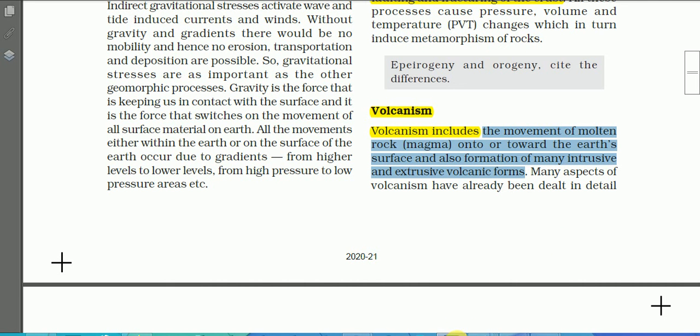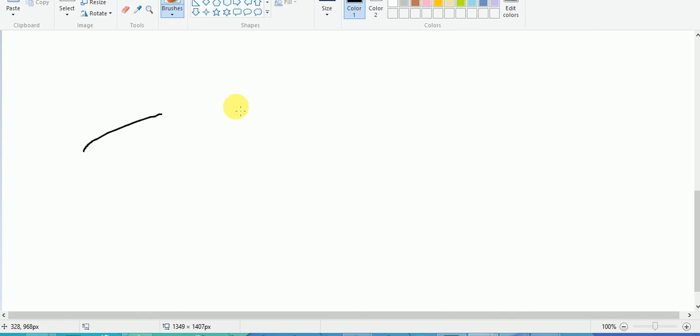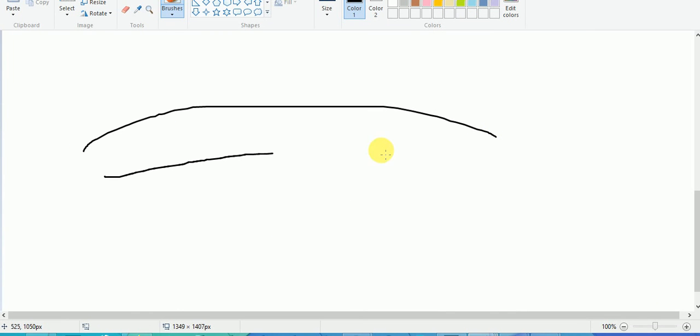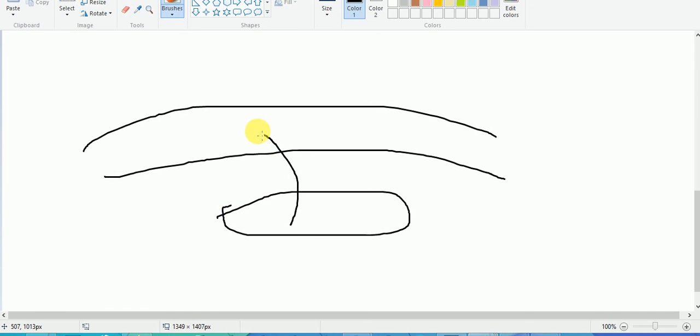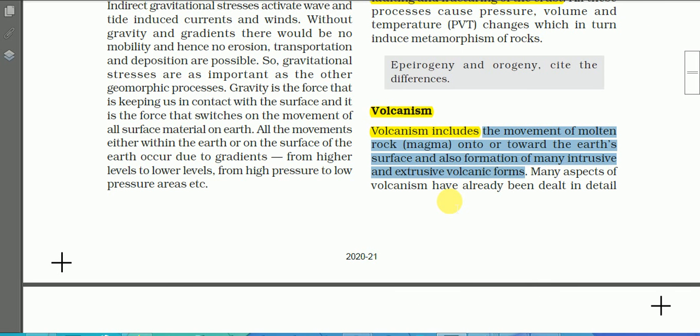Here this is the crust, and here we have a magma chamber, and this magma may rise upward, and cooling may take place, or it may rise above the earth surface and cool down on the surface after eruption. All these activities are collectively known as volcanism.